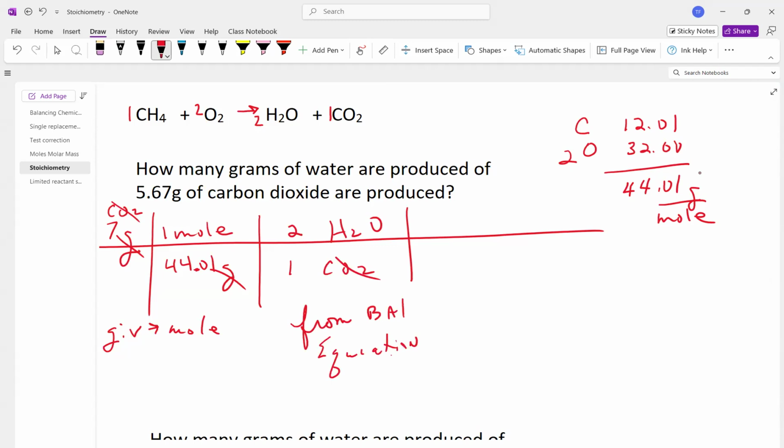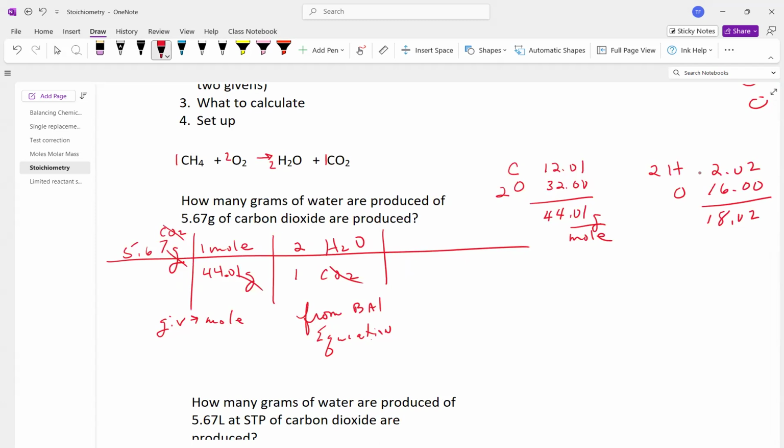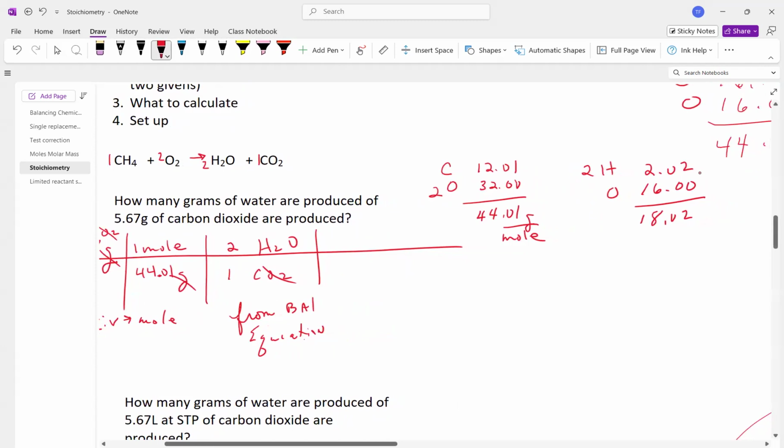So water is 18.02 grams per mole. And we want the moles to cancel. And I've officially run out of room.